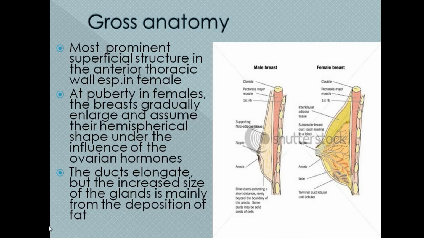At puberty, the breast gradually enlarges and assumes a hemispherical shape, just because of the enlargement under the influence of the ovarian hormone.